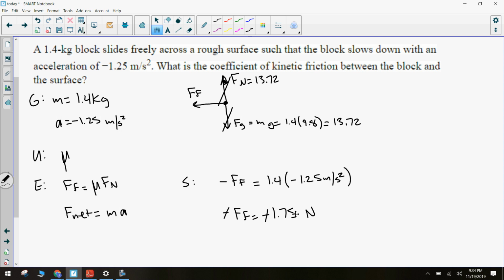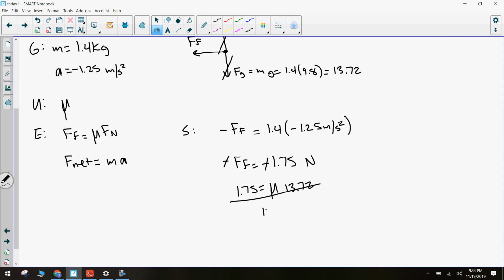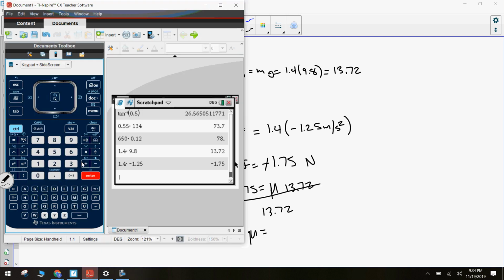I wasn't looking for force of friction. What I'm looking for is mu, so I got to keep going. So I have 1.75 equals mu times my normal force, which was 13.72. The 13.72 is multiplying times the mu, so I need to divide by 13.72. Now I guess mu is equal to, well, go back to the calculator, 1.75 divided by 13.72.